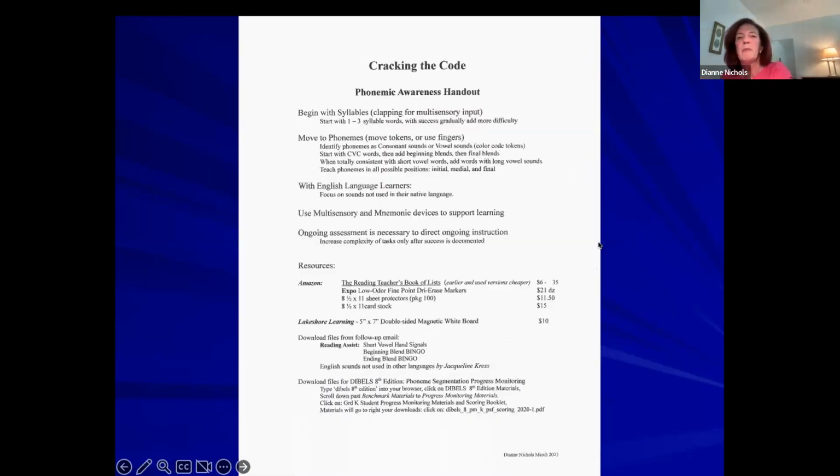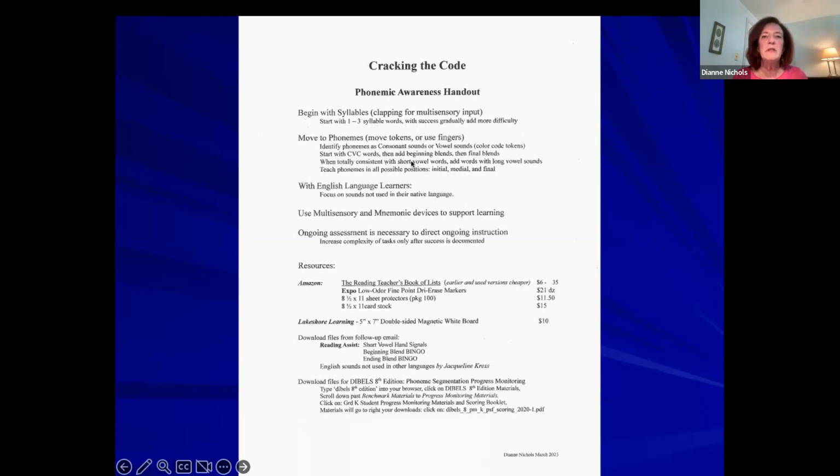Okay, this is the summary page that you will receive. It says begin with syllables, clapping, start with 1 to 3 syllable words, success, gradually add difficulty, move to phonemes, tokens, or fingers, identify phonemes as a consonant sound or a vowel sound, color coding tokens helps, start with consonant vowel consonant words, then add beginning blends, final blends.